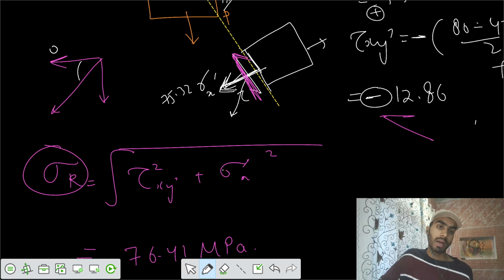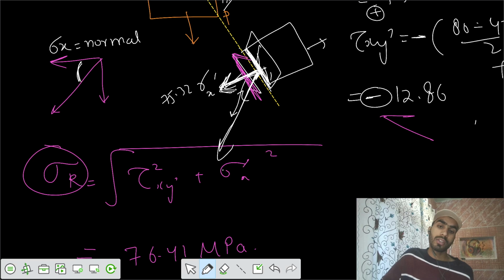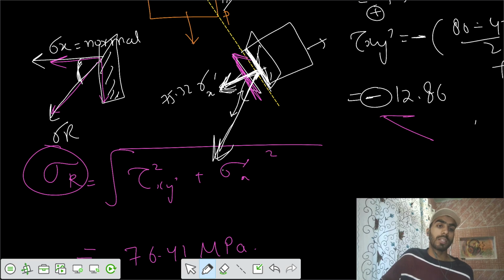Now there is one more point, how much theta it's making. If this is our desired plane P, and you draw the normal to it, what is the angle that the resultant stress makes with respect to that normal?